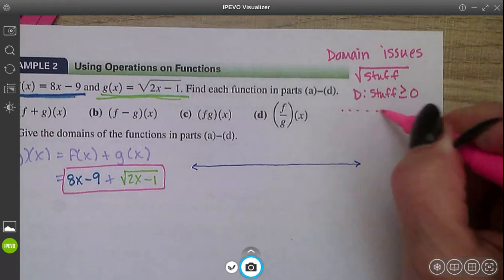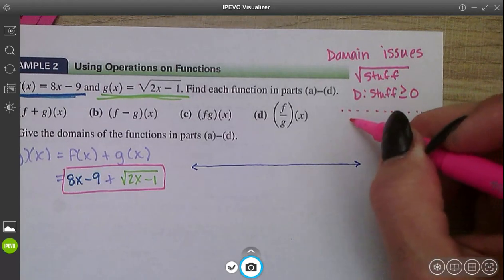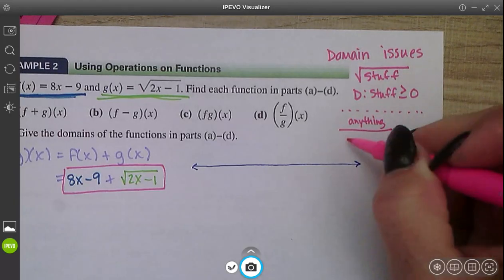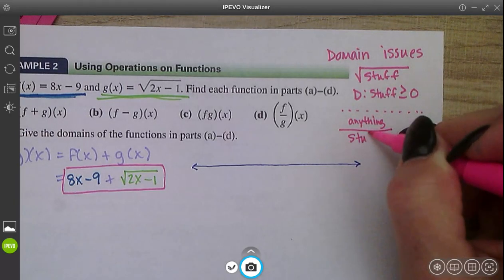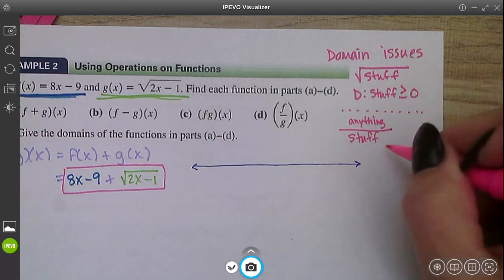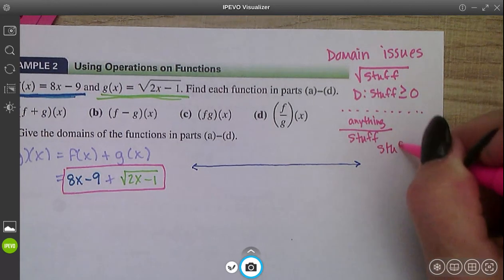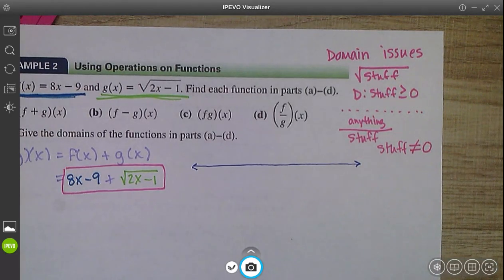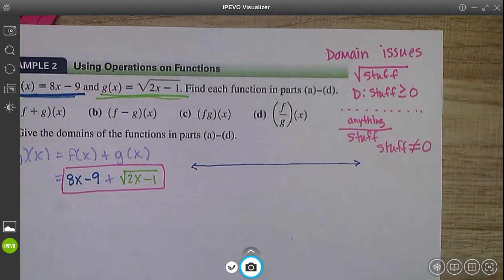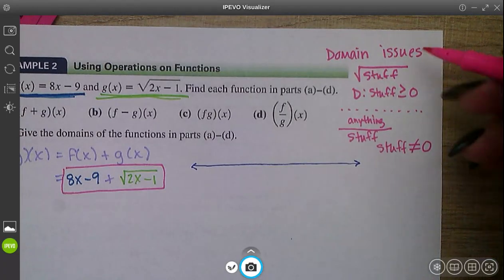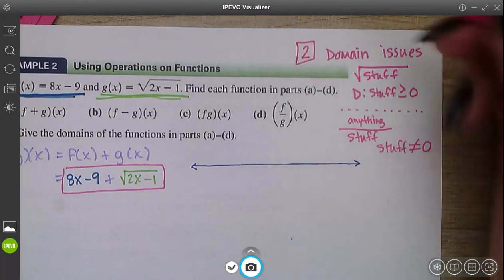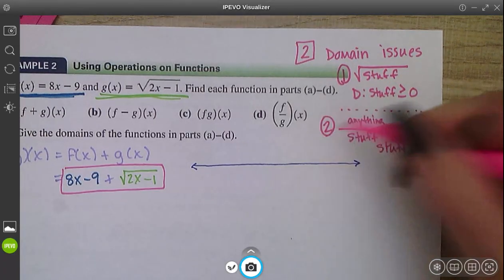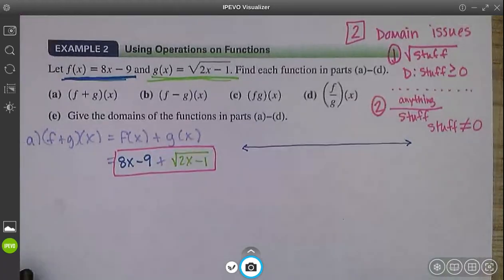If I have a fraction with anything in the numerator, I can ignore anything that's in the numerator. But if I have stuff in the denominator that has variables, I have to set the stuff in the denominator not equal to 0, and that's how I figure out what to exclude from my domain. So there's 2 things we have to watch for. Only 2. 1 is stuff inside a radical. 2 is stuff in the denominator.